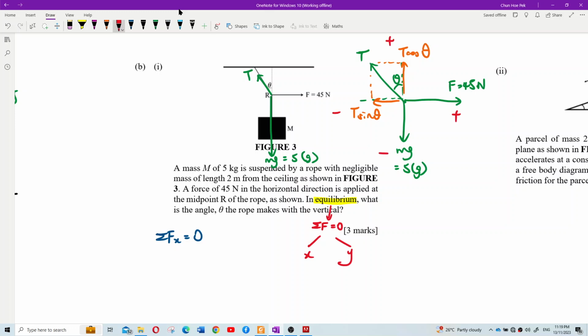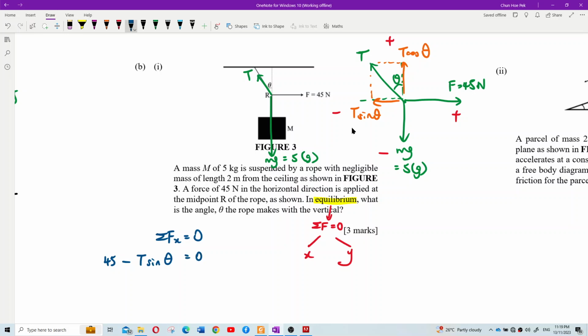So in the x component I have 45 minus the tension, since left is negative.